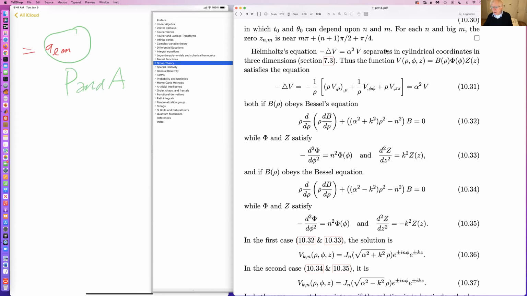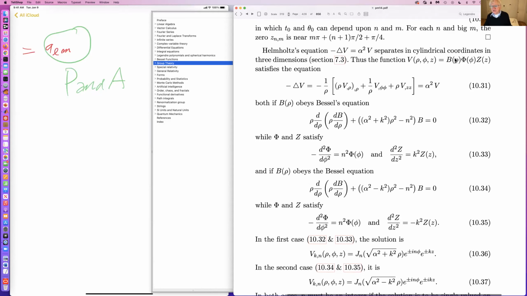Anyway, Helmholtz's equation, which is minus Laplacian of V is alpha squared V, it separates in cylindrical coordinates in 3 dimensions. And so we write it as B of rho, phi of phi, Z of z.